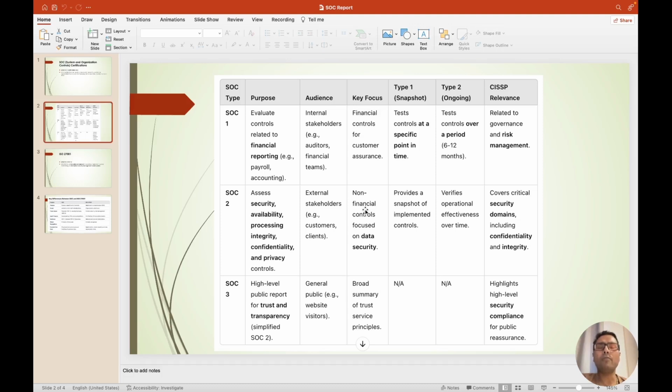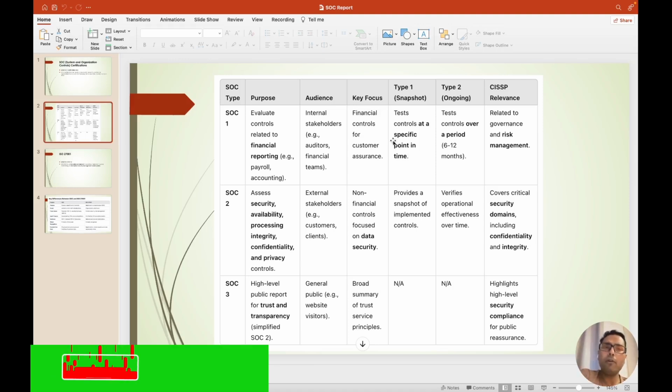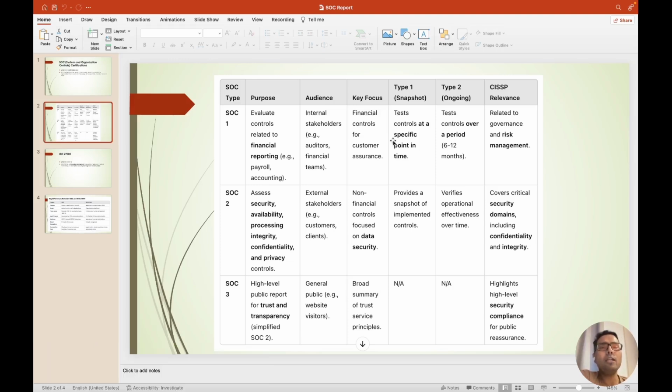It is all about information security related matters. Okay. Now SOC 1 and SOC 2 have two types of report, called type 1 report and type 2 report. It is only for SOC 1 and SOC 2. SOC 3 doesn't have any type of report. It has only one report, which is a high-level summary for the general public.